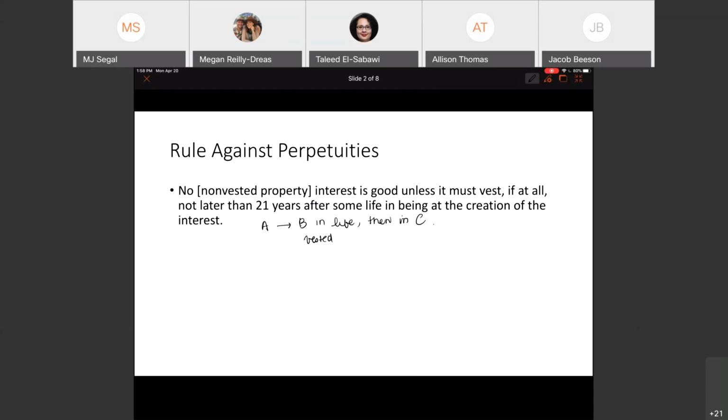No. It depends on how we want to think of it. You can say there is no condition for the future interest. When we say it's a vested remainder, what we mean is there is no condition that needs to happen for C to have a future right. Does that make sense?